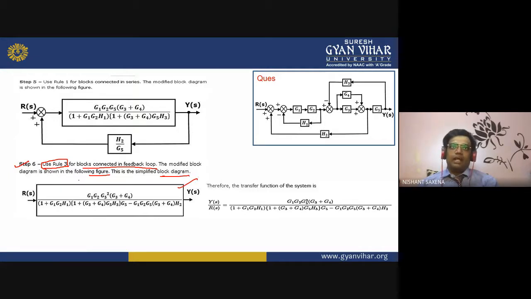Okay, so this is the simplified one, and the transfer function will be. The transfer function is what? Transfer function is your output upon input relationship. Transfer function is what? TF is equal to output upon input.